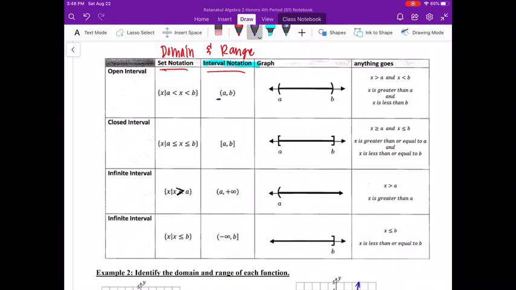We use parentheses when the value is not included. And sometimes in a graph, you will see an open circle, and that's how you know the value is not included. We're going to use brackets when the value is included.